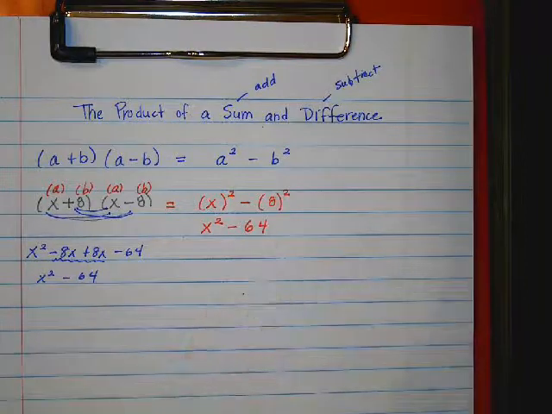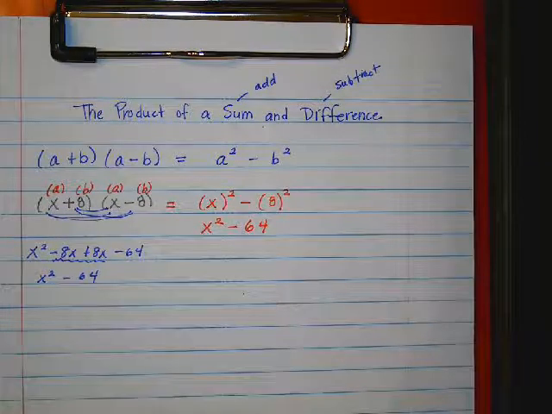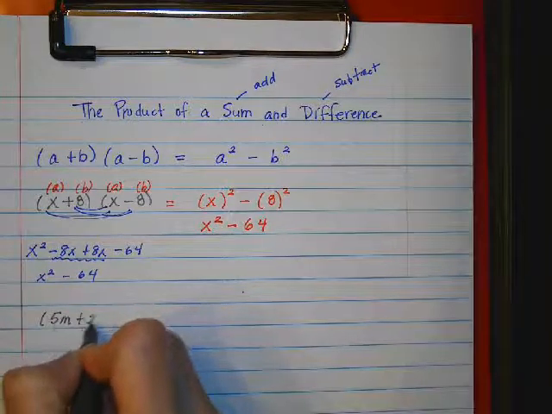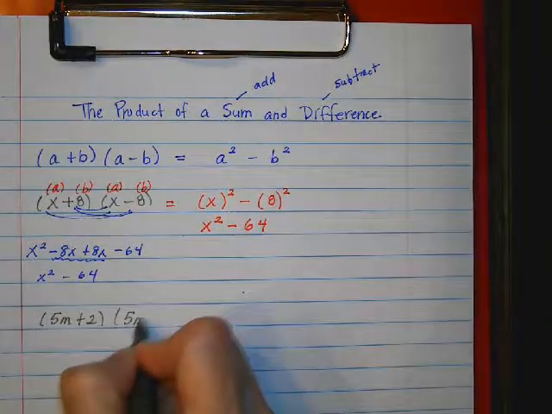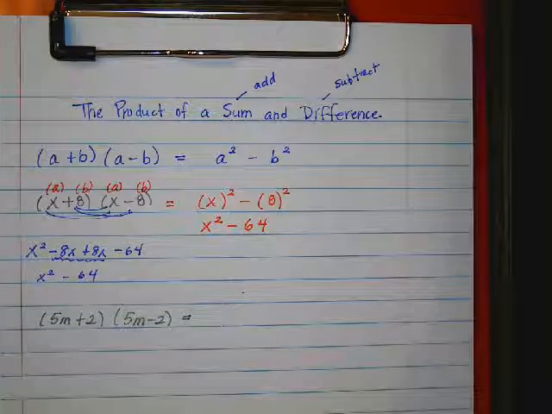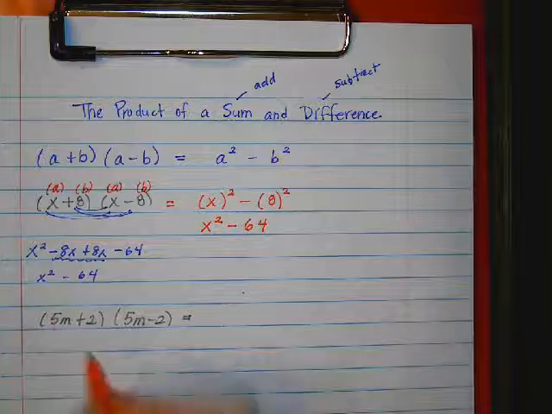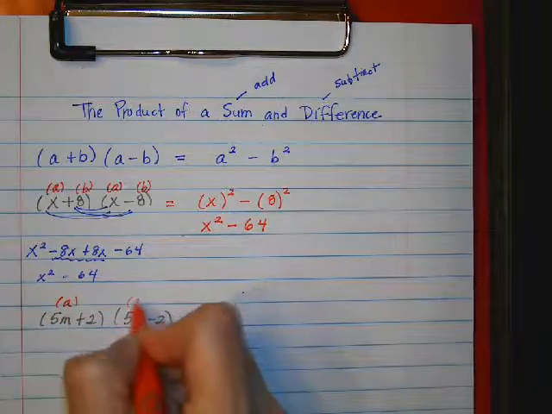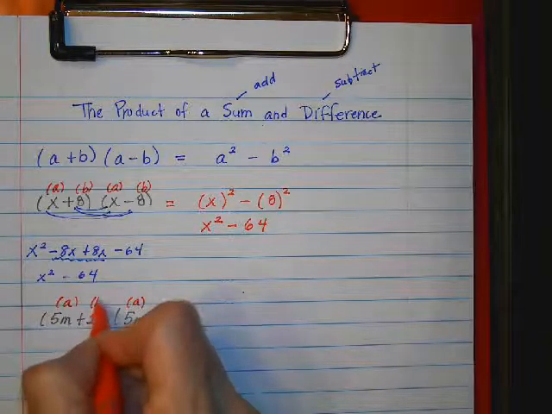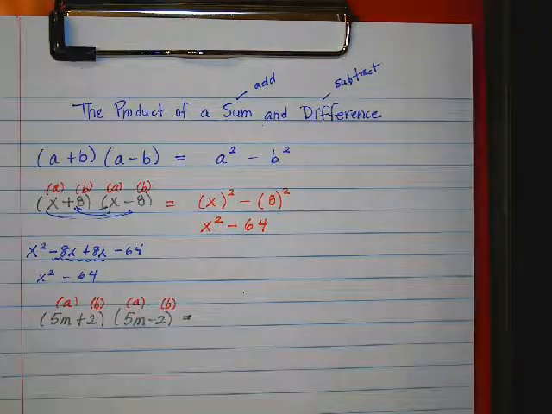So we're going to show it to you with the other one that we did a second ago, which is the 5m. So we're going to do the 5m plus 2 and the 5m minus 2. So we first of all need our a value and our b value. So notice that our a values are both 5m's. Beautiful. My b value is 2, my b value is 2. Beautiful.